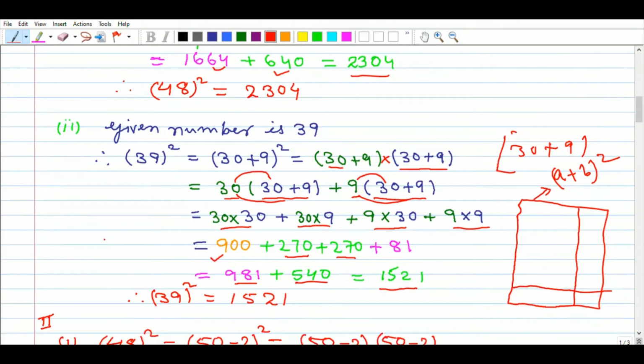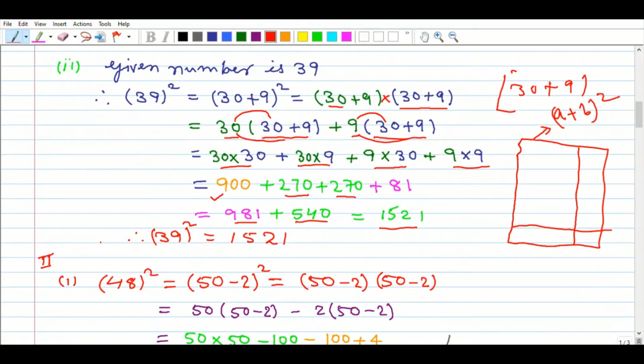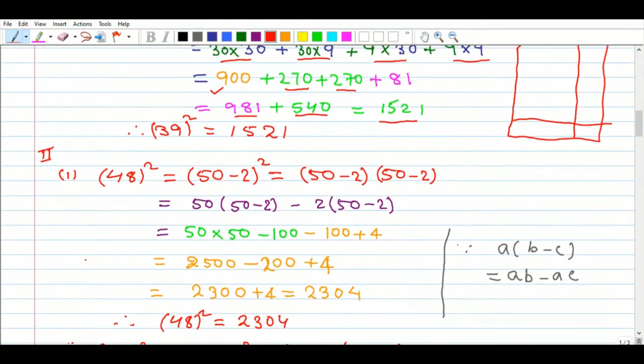Okay. Now the second method we can take of such type. 48 we can take as 50 minus 2, and 50 minus 2 also, it can be written like this, and after computing we get this one, then this one, 2500, and 100 plus 100 becomes 200.